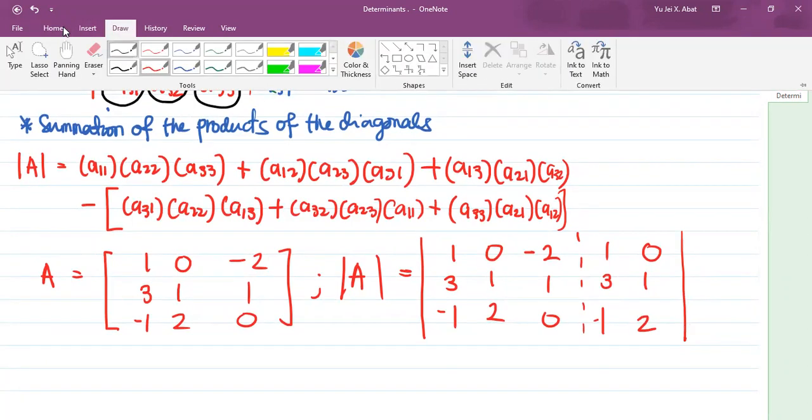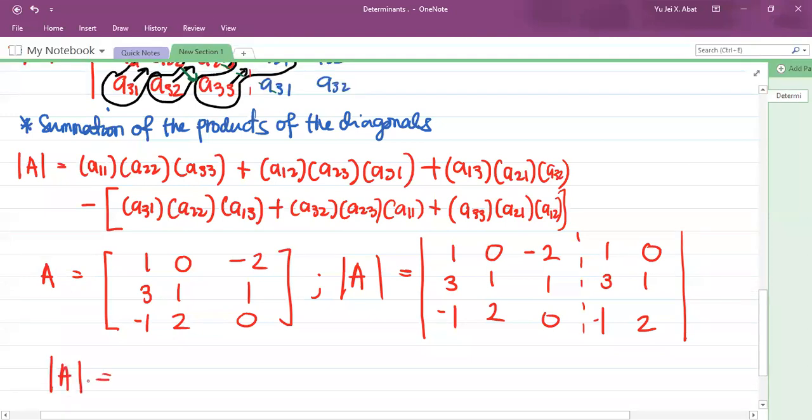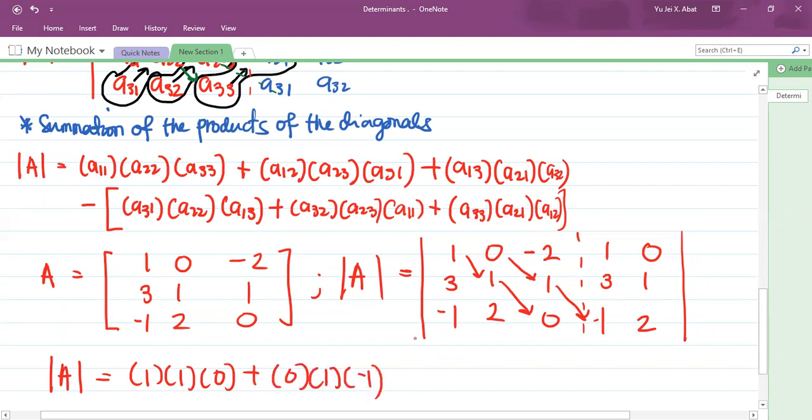So, again, performing the determinant for the matrix A, the first diagonal we encounter is this. 1 times 1 times 0 plus the other diagonal, 0 times 1 times negative 1. Swerte natin kasi meron lang tayong 0, no?